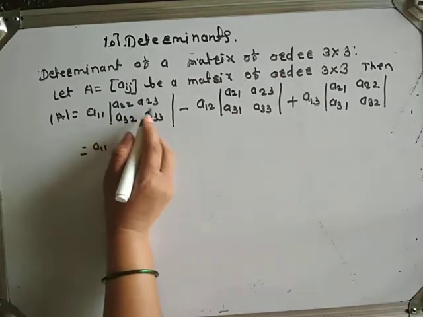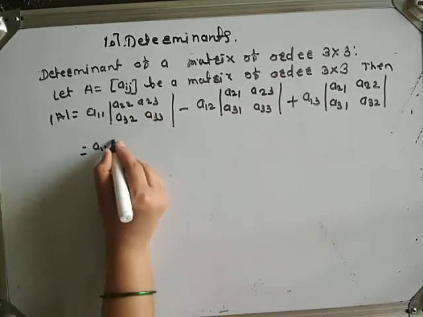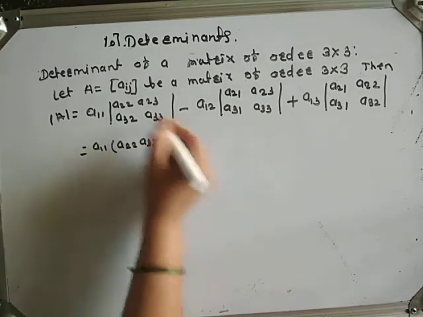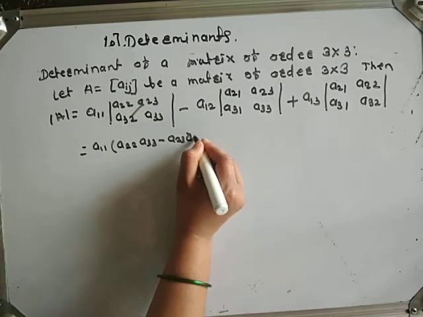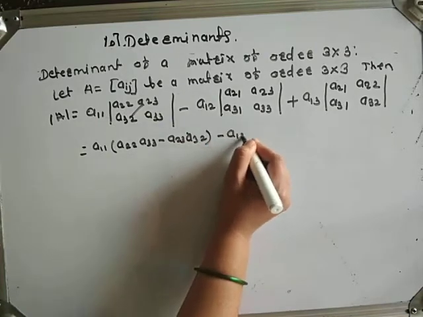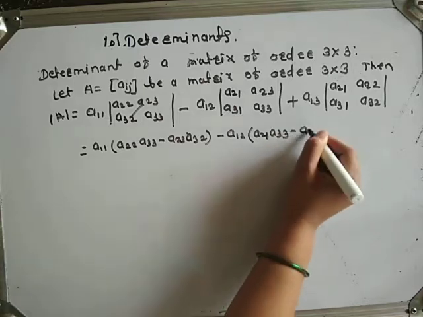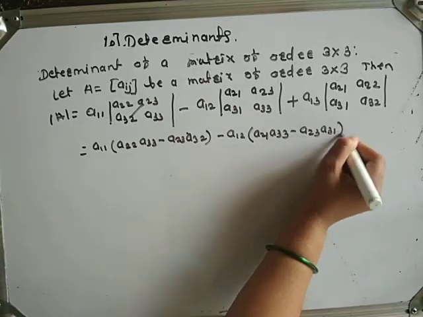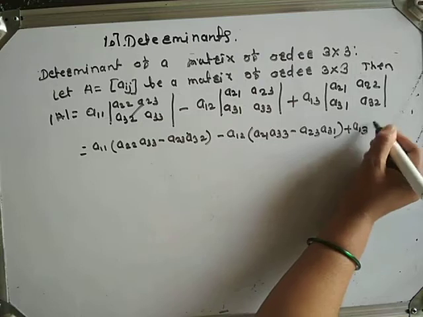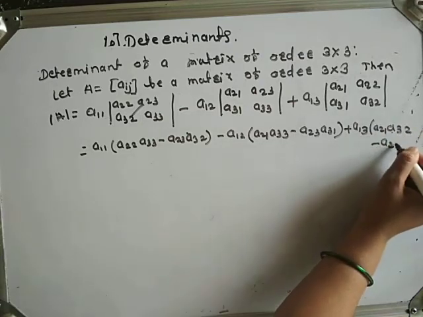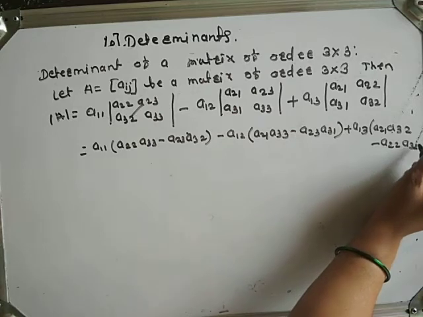We know how to find the determinant of 2 by 2 matrices, so A11 into A22 A33 minus A23 A32, minus A12 into A21 A33 minus A23 A31, plus A13 into A21 A32 minus A22 A31.